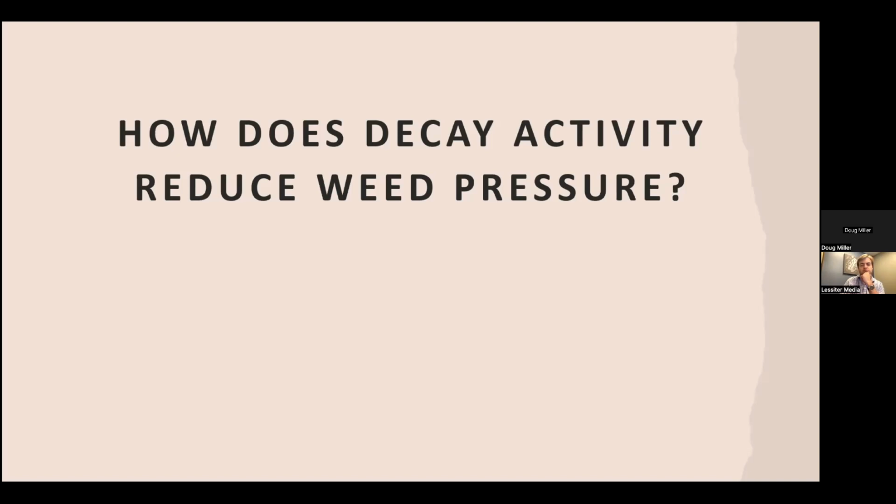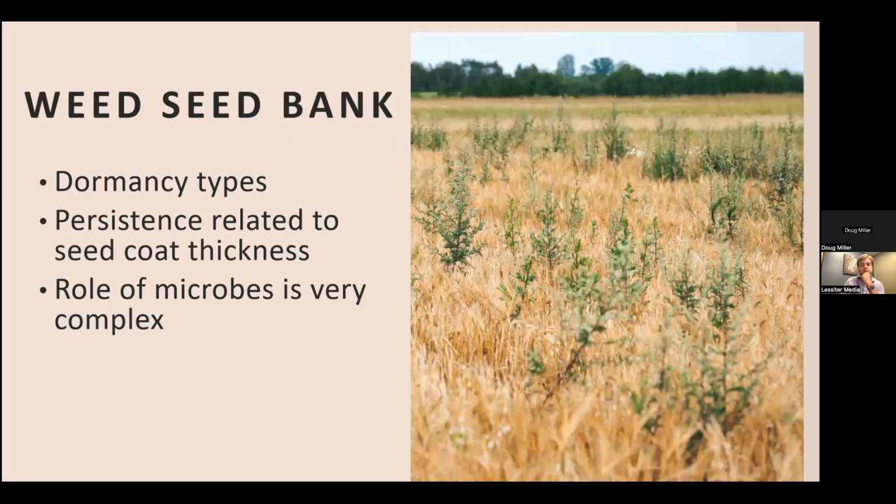The role of residue decay in affecting the weed seed bank is not terribly well understood, to be quite honest. The microbial activity and its impact on the weed seed bank is something that the agronomists tell us that they don't know quite as much about. They do know that the weed seed bank is affected by the type of dormancy that the seed goes through.